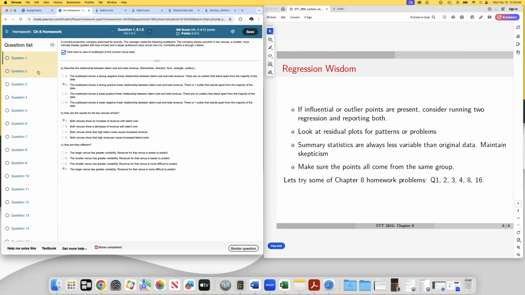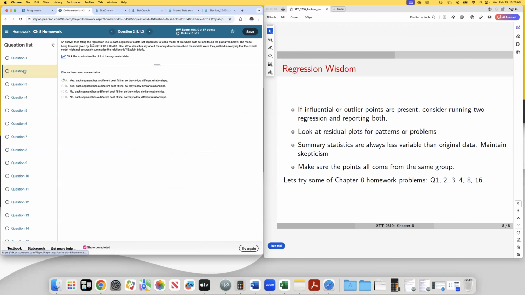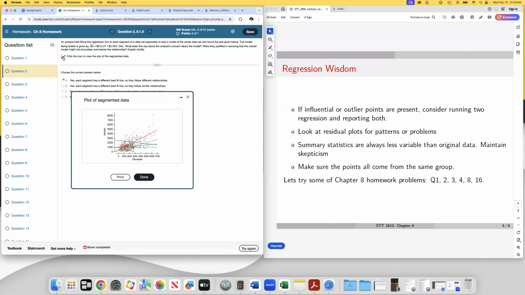Let's get to question 2. It says that an analyst tried fitting a regression line to each segment of the data separately to test a model of the whole data and found the plot given below. Let's look at the plot. This is the plot.